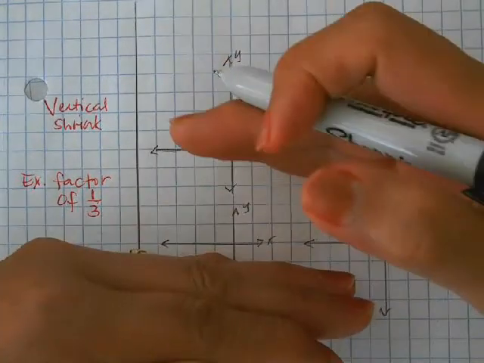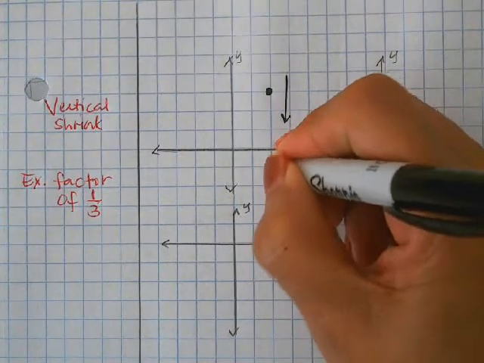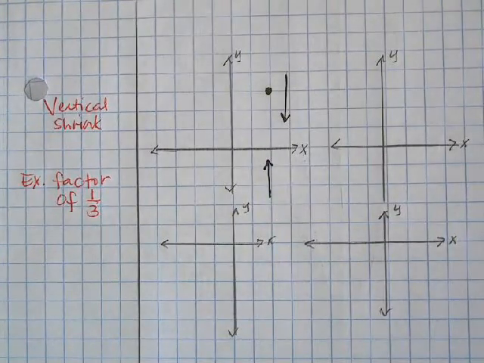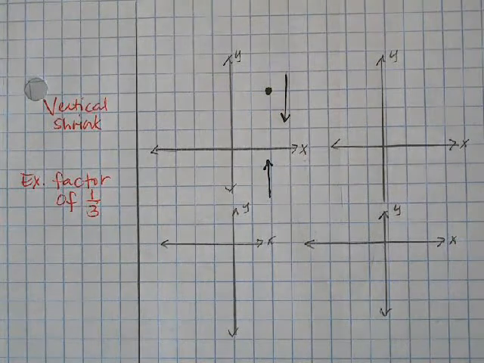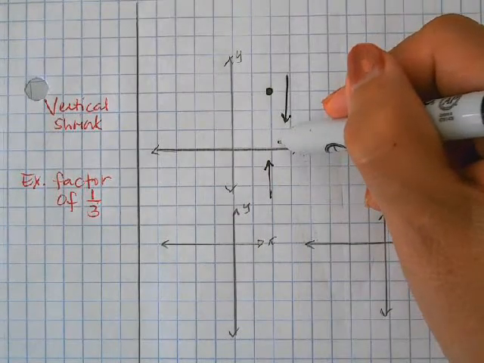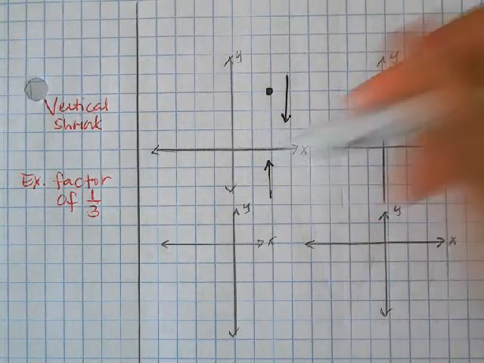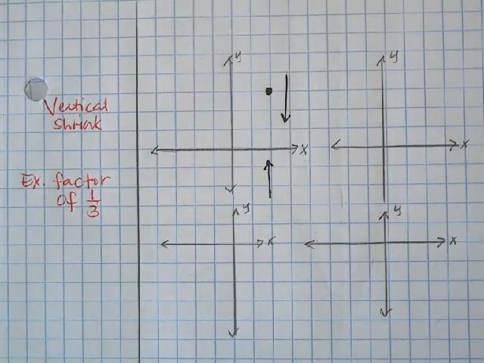You're going to push it in this direction. If your point is above the x-axis, it will go closer on top of the x-axis. If it is here, it will go closer below the x-axis.